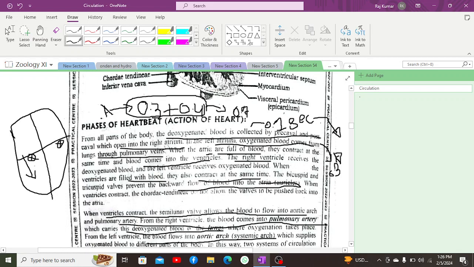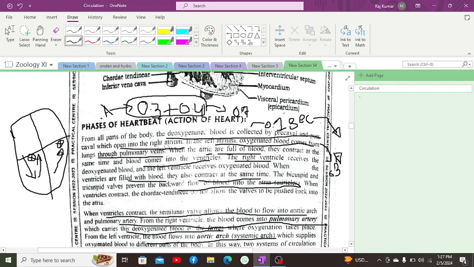Let's suppose blood has come, and it causes the valves to close. As the valves close, the blood causes a thrust, due to which the blood moves in the backward direction towards the closed valves.